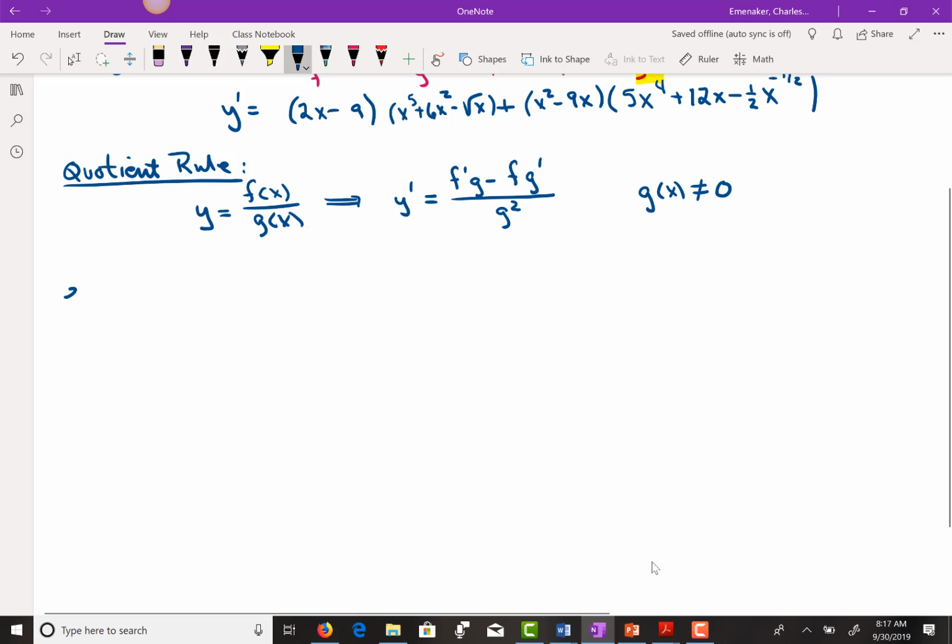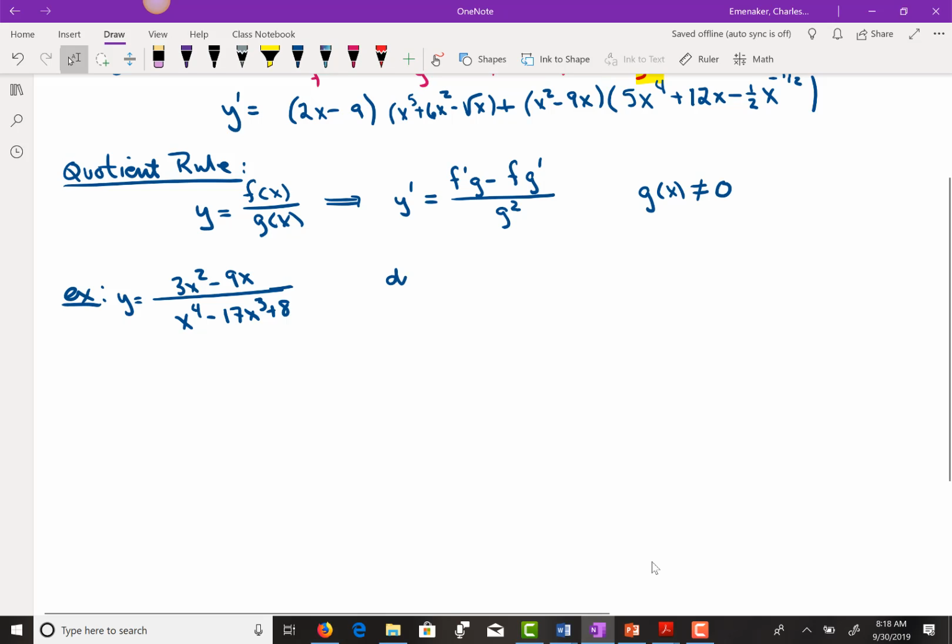Let's take a look at something like this. Suppose you have y equals, let's say something like 3x squared minus 9x over x to the 4th minus 17x cubed plus 8. There you go. And you're asked to compute the derivative.